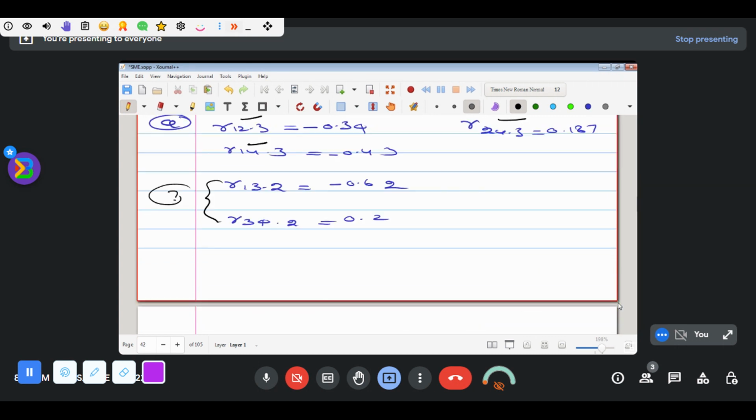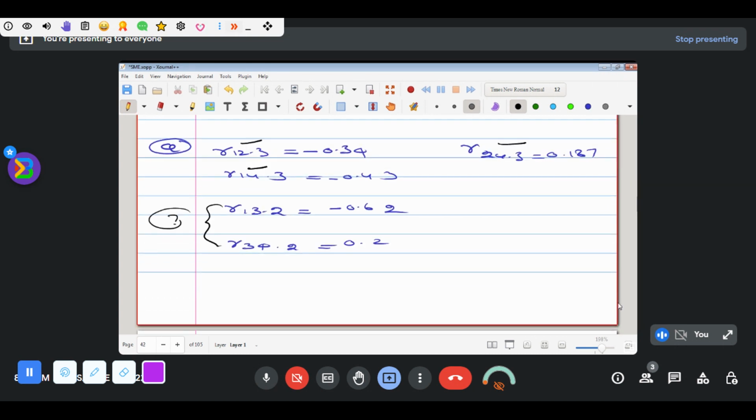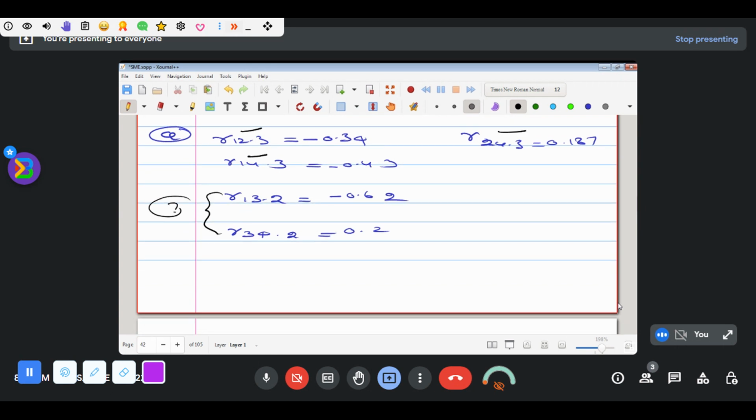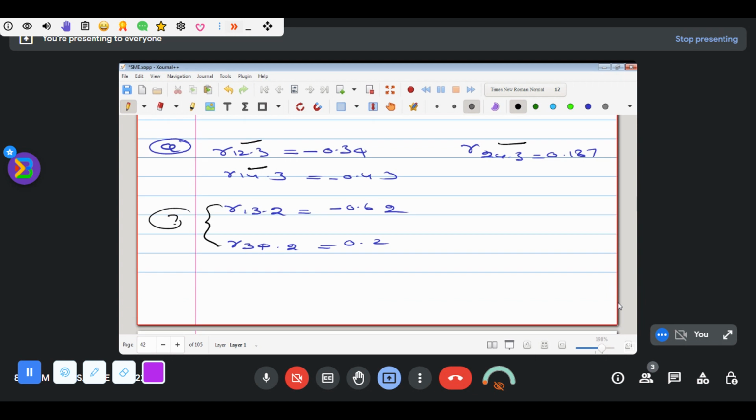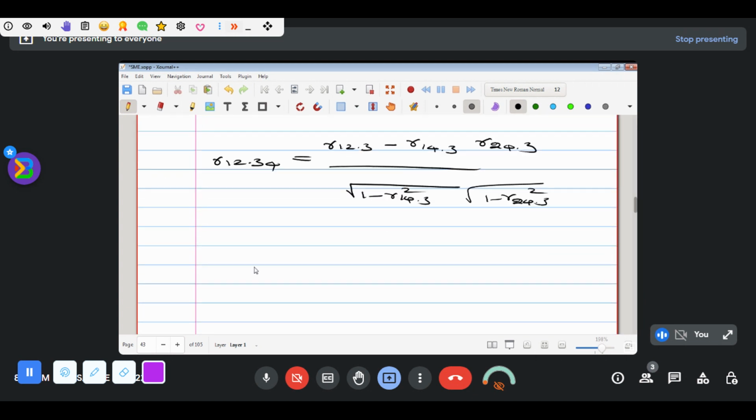Just apply these values. R12.3 equal to minus 0.34. Please check all values and directly put them in this formula. Then what is the result here?